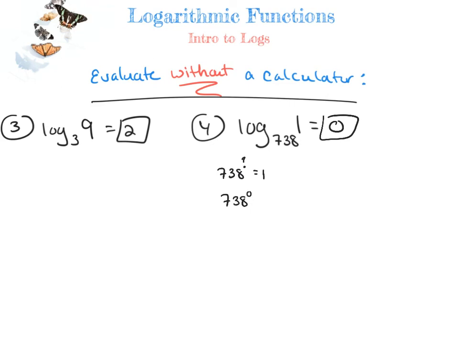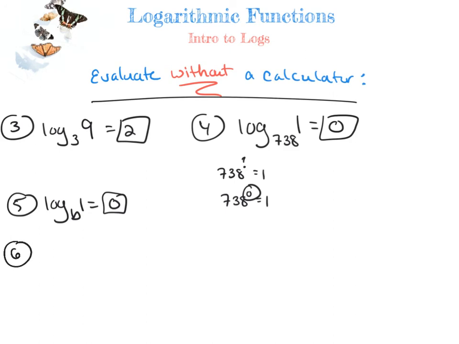Any number raised to the 0 will give you a 1. So for number 5, if I asked what is log base b of 1, and I didn't even have the decency to tell you what b is, you could tell me this is 0 because the exponent I put on any number to turn it into a 1 is the exponent 0.